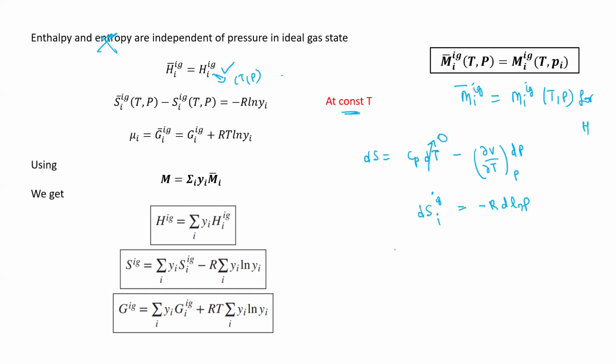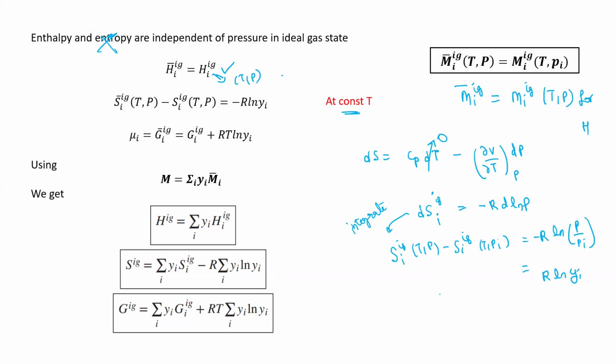So that's why S_i^ig at T and P minus S_i^ig at T and P_i is equal to minus R ln(P/P_i). Sorry, yeah, if it is integrated, minus R ln(P/P_i), which is R ln y_i.